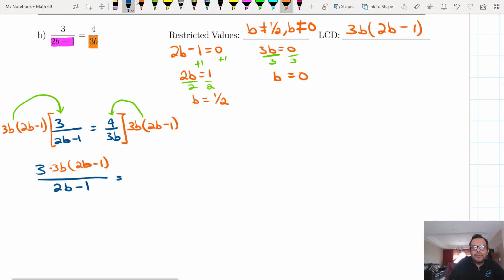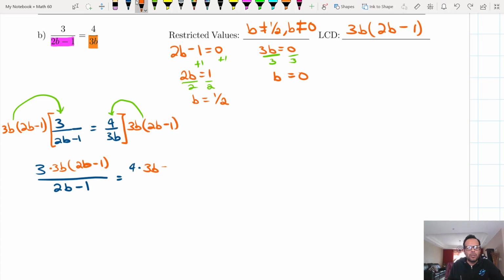Now on the right hand side of the equation, I'm going to distribute the 4 with the LCD, 3b times 2b minus 1. Let's do that, keeping the same colors. We get 4 times 3b times 2b minus 1.